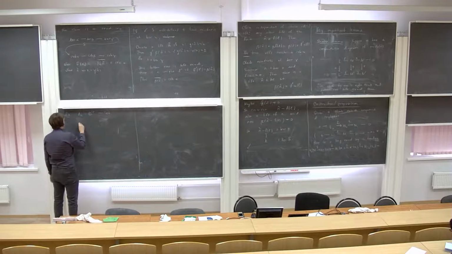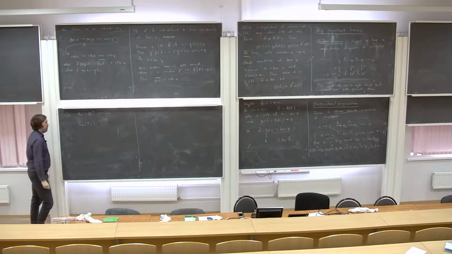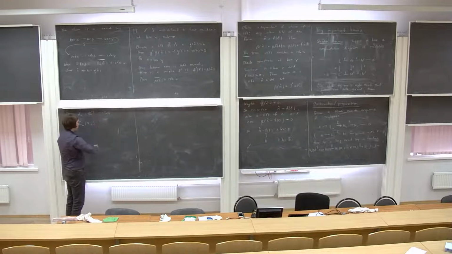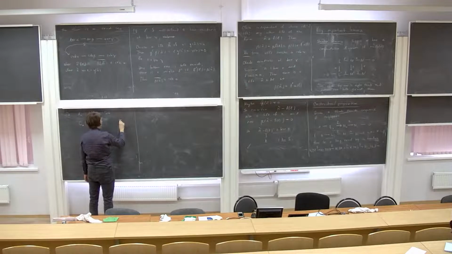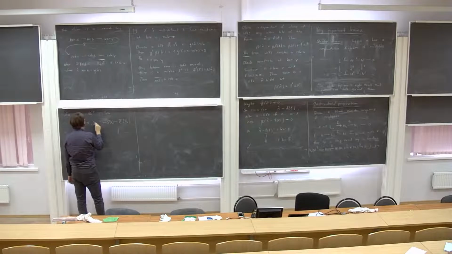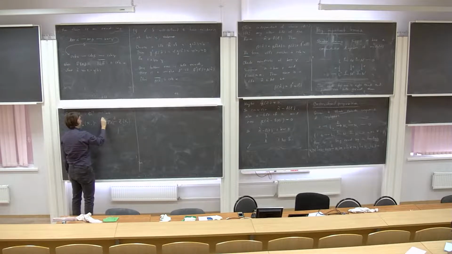One of them was, in each degree, the free abelian group on the 0 simplices, on the 1 simplices, and so on. And these differentials were the alternating sum of face maps.